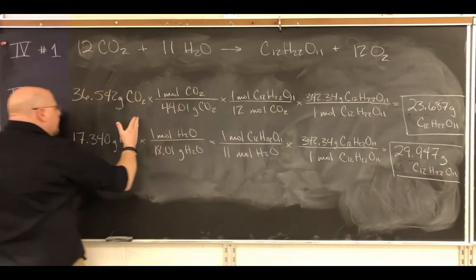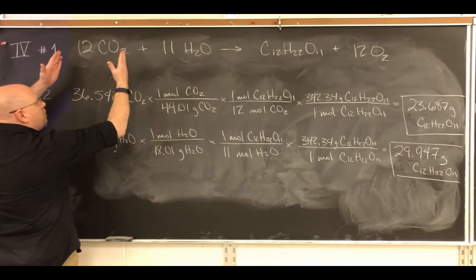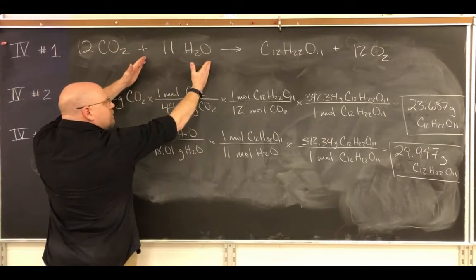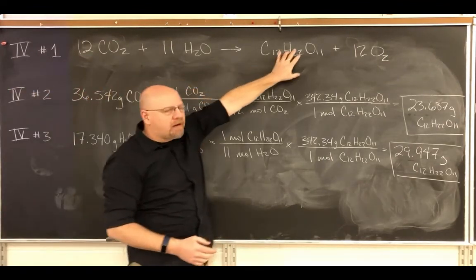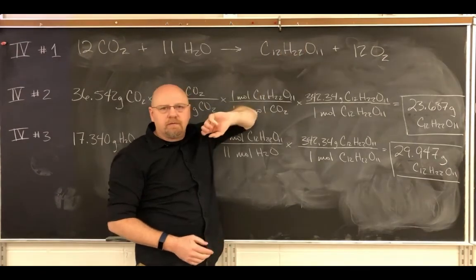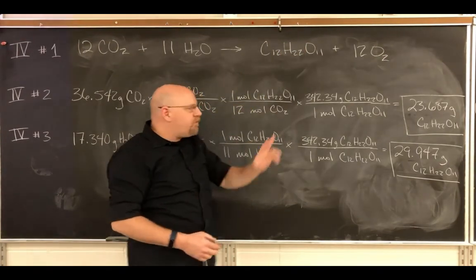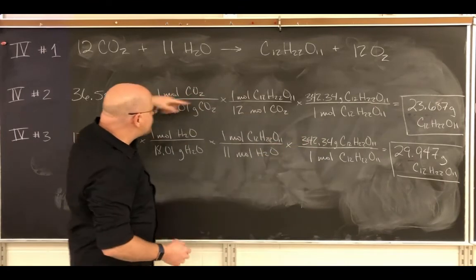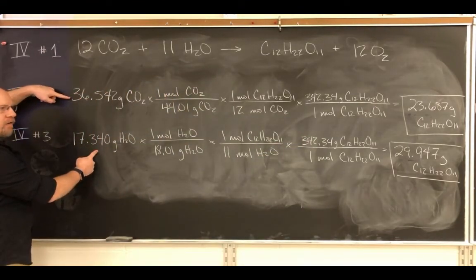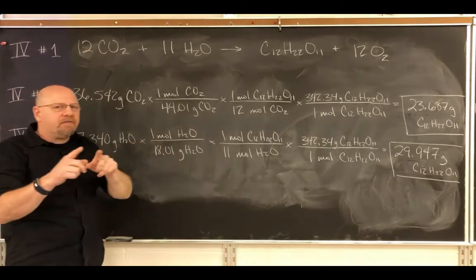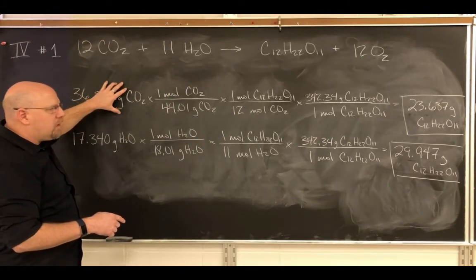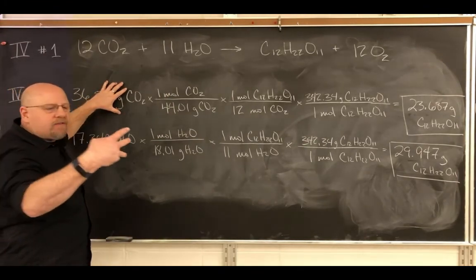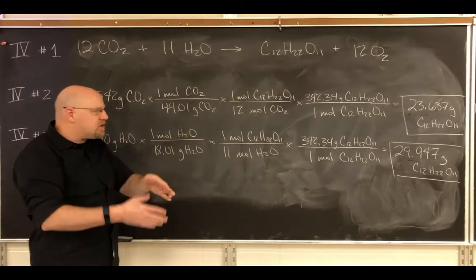So if I have a situation where both of my reactants are given, and I'm asked how much of a product is going to be produced, in this case the sucrose, we do two problems. We find out how much each of these reactants can form. Whichever forms the least amount of product, in this case the carbon dioxide, sets our definitions.